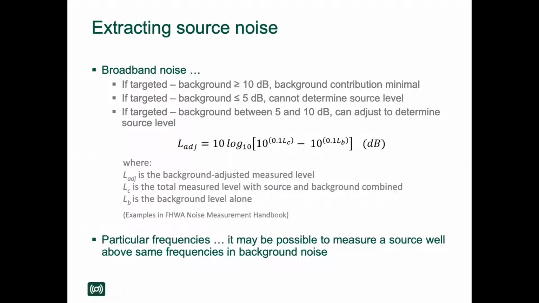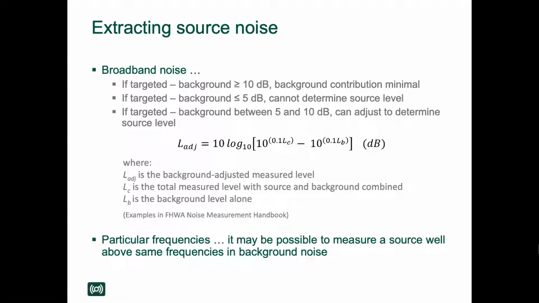So what if you do have background noise and you're interested in extracting the targeted noise source? For broadband noise, if the targeted noise source minus the background noise source is greater than or equal to 10 dB, then the background has minimal contribution and the level is representative of the targeted source.